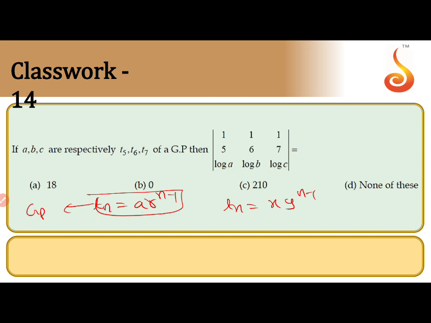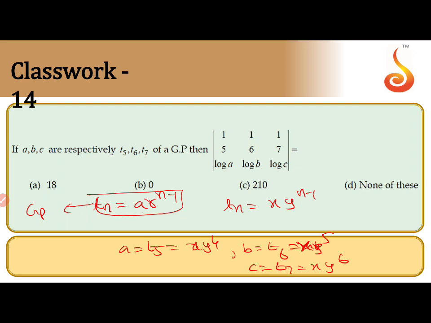So now I choose Tn equal to x into y power n minus 1. They have given a equal to T5, which means a equals x y power 4, b equals T6, that is x y power 5, and c is T7, x y power 6.